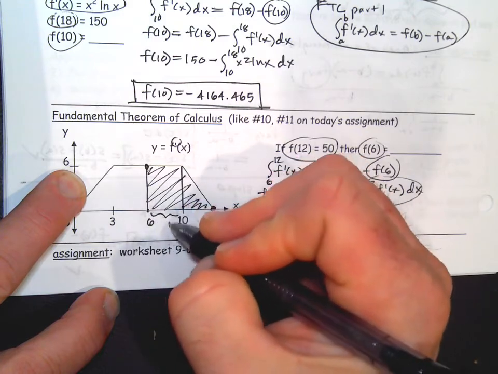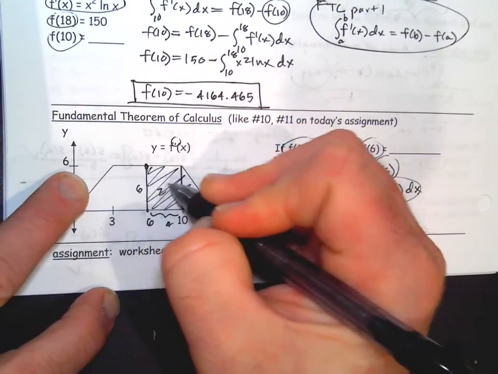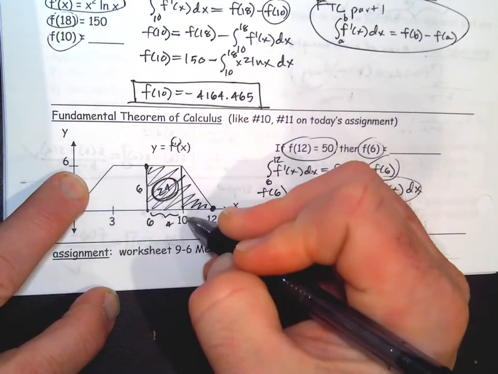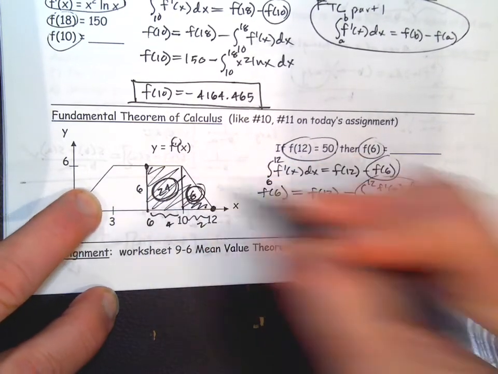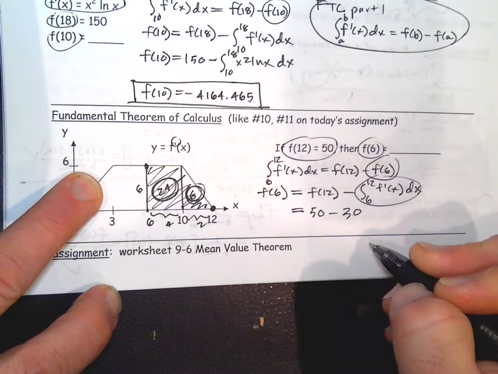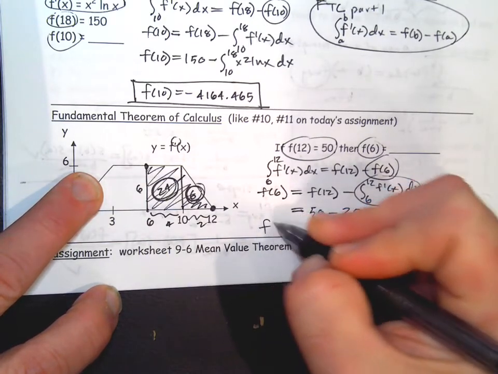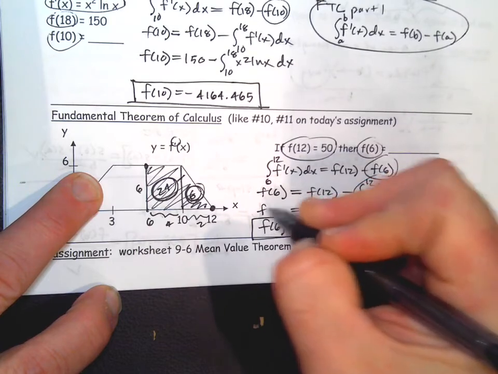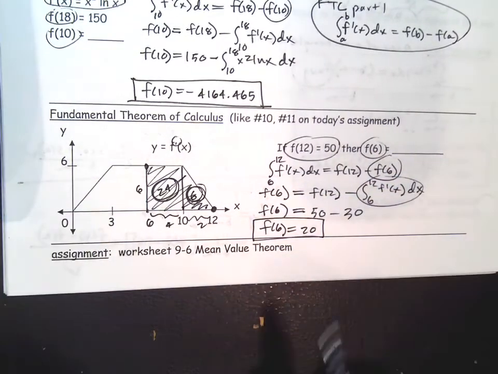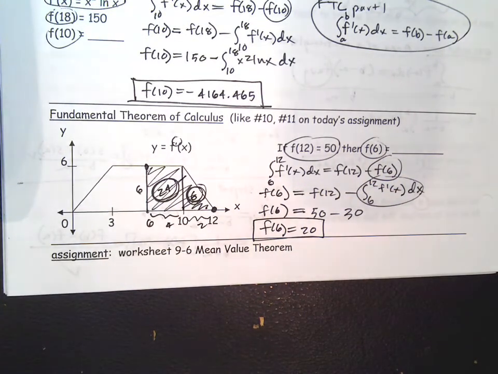The base is 4, the height is 6, this is 24. Base is 2, the height is 6, 1/2 base times height is 6. It's going to be 30. And so f(6) equals 20. Same idea, little different way of finding the integral of the derivative, geometrically instead.